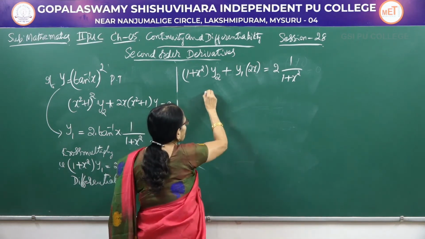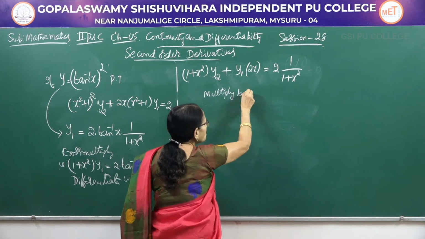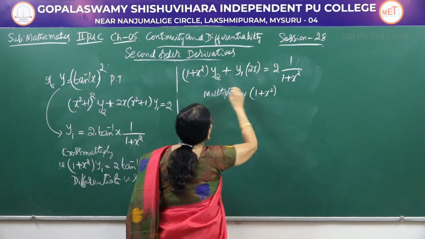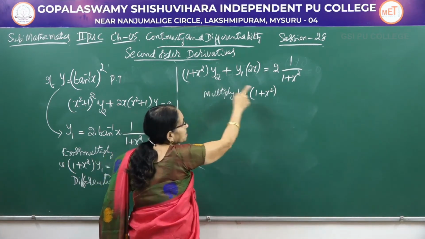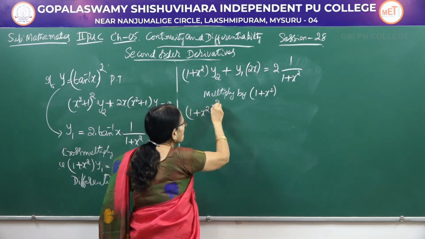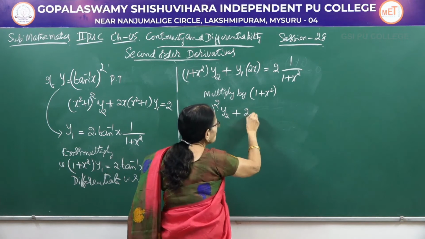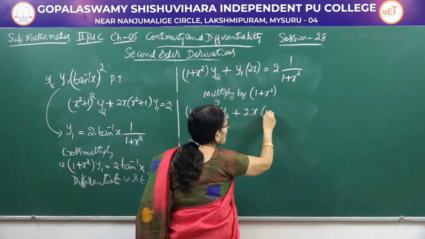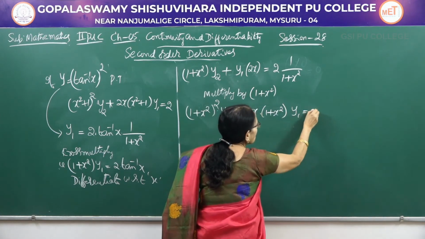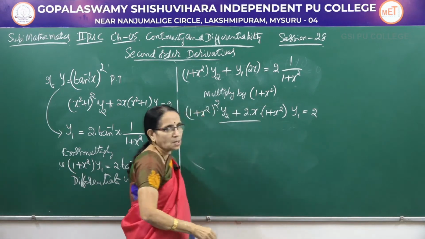One more step here, multiply by 1 plus x square. 1 plus x square is already there. Another 1 plus x square means it is 1 plus x square the whole square into y2, plus 2 into x into 1 plus x square into y1, and the right hand side when you multiply it gets cancelled, hence we get the required result.